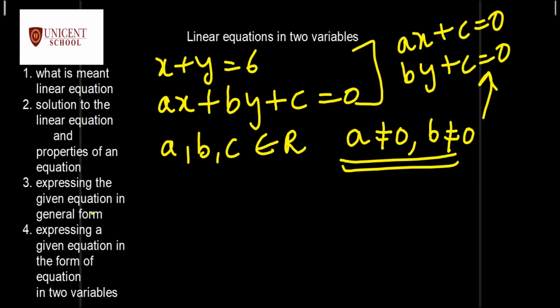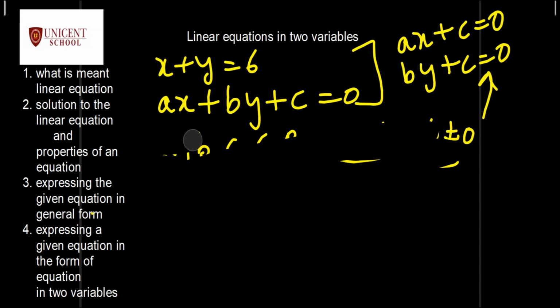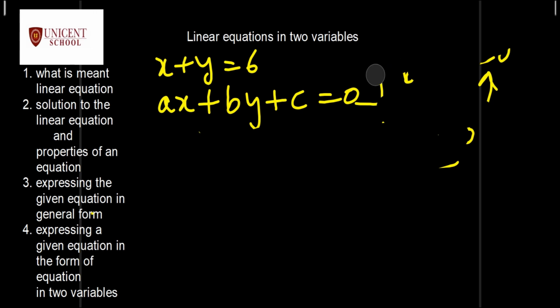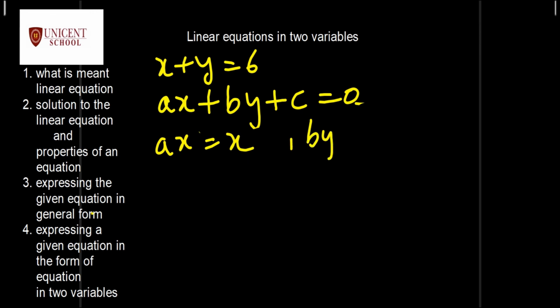Now, how to express the given equation in the general form? Let's take the same example. The example which we were studying is not in the general form. So how to convert it? Now, in the place of ax, I have x. In the place of by, I have y.